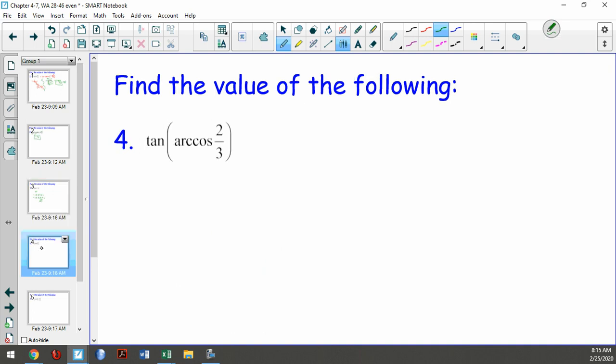Okay. Now, this is just like the notes that we didn't get to finish yesterday. This is the let u concept. Now, if you look at this one, you have the tangent of the arc cosine of 2/3. Tangent of the arc cosine. Those cannot possibly cancel out, can they? No. Because they're two different trig functions. So what we're going to do is let u equal the arc cosine of 2/3.